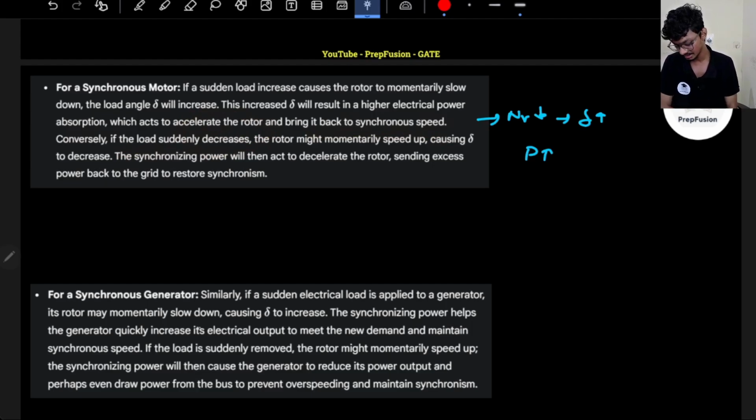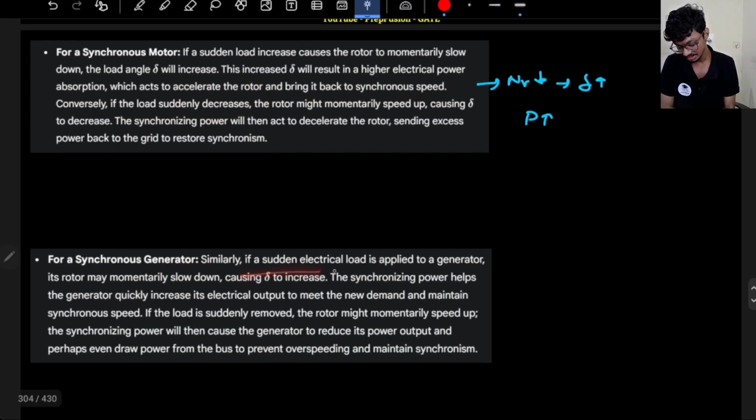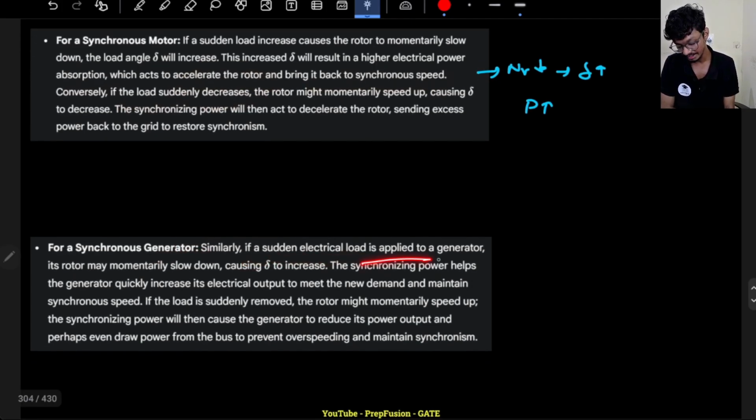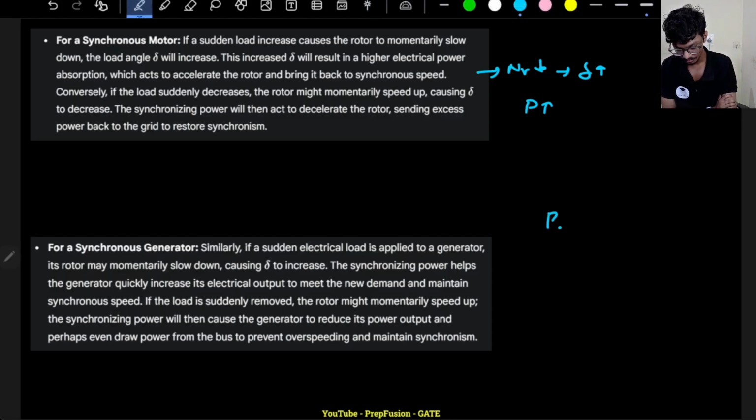For a synchronous generator, similarly, if a sudden electrical load is applied to a generator, again there is a delta of power, right? Power has increased, so delta also has to increase. It may make the rotor momentarily slow down. Again, if the power has increased, that is Pm is less than P, then your d omega s by dt will be negative.